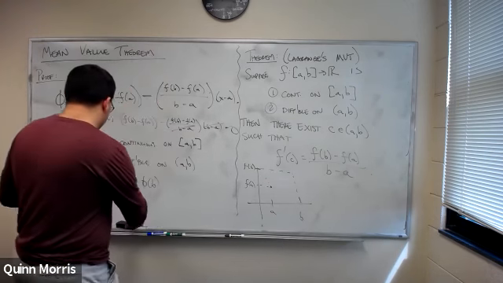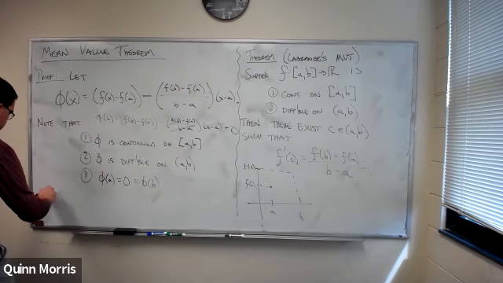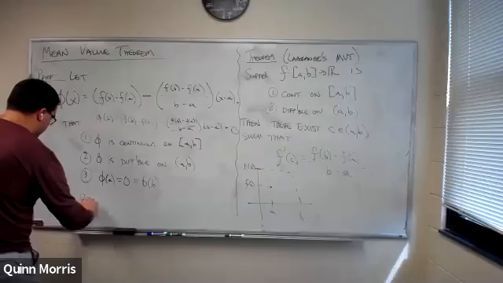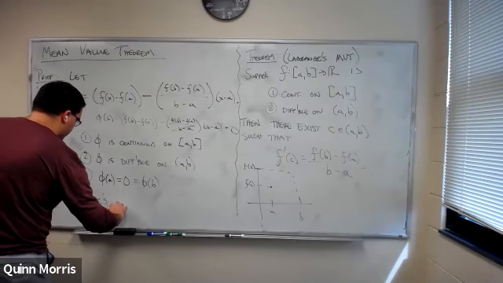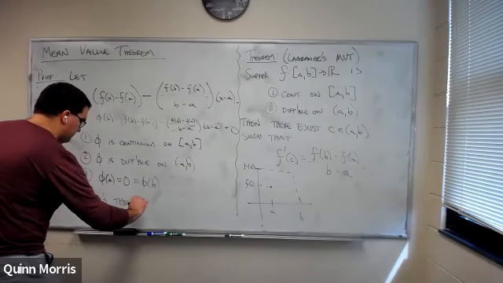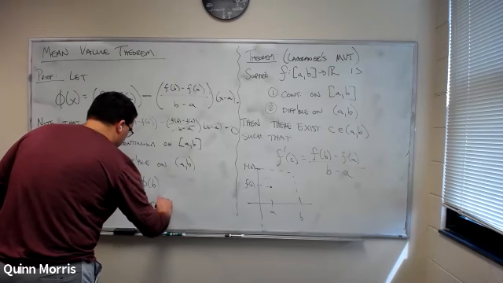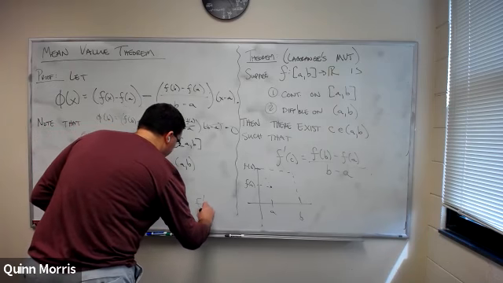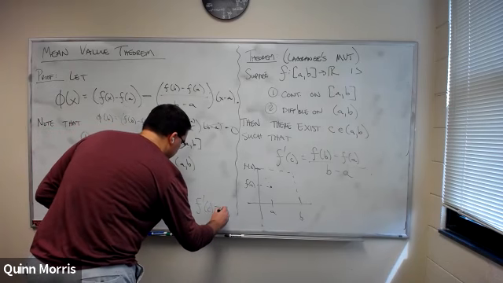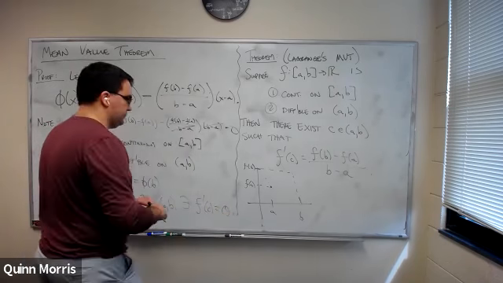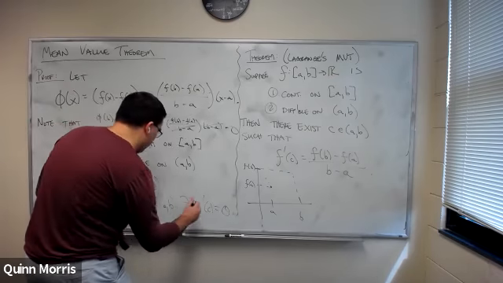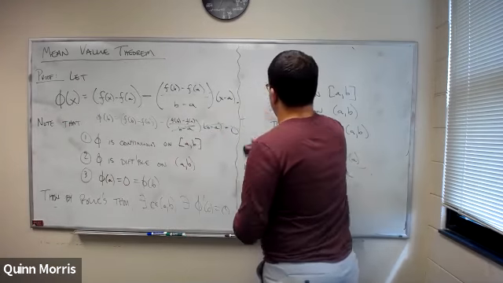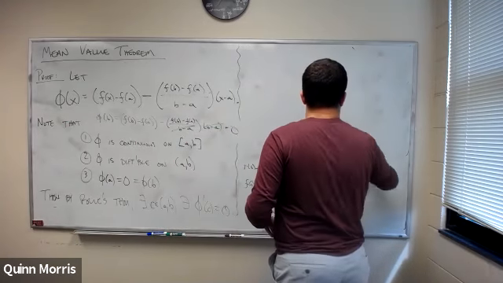So now what can I do? By Rolle's theorem, there exists some c in (a, b) such that f prime of c is equal to 0. Or sorry, phi prime of c is equal to 0. But what is phi prime?